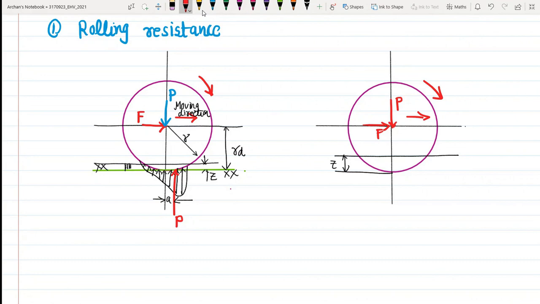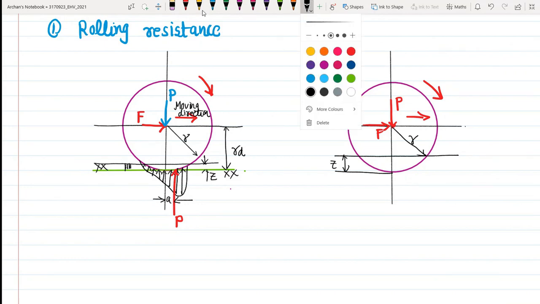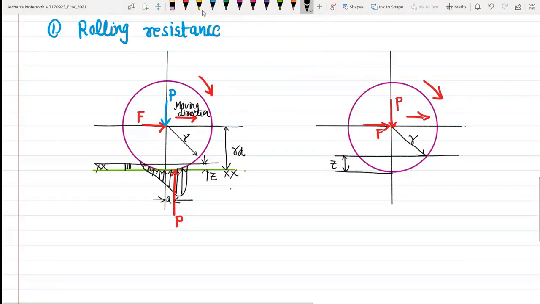The radius of the wheel is the same, that is R. Whenever we are on soft ground, the pressure observed will be in the forward half only, like this. You can see the difference clearly.